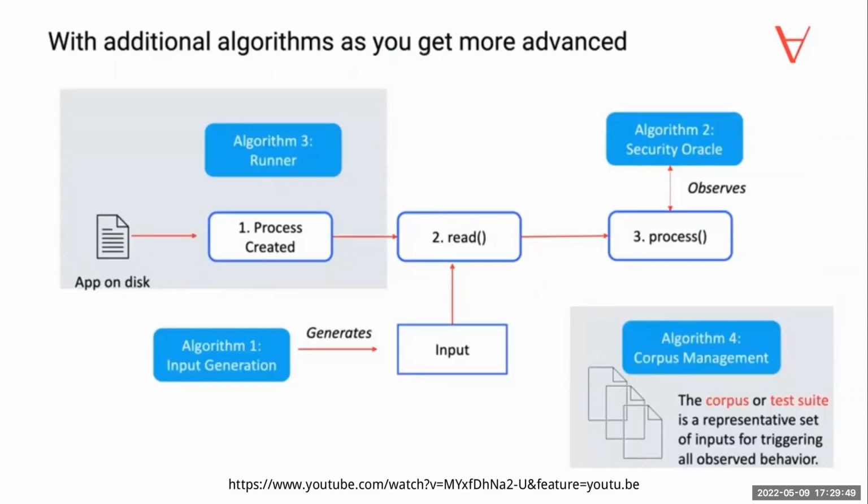But there are other algorithms right now that can be designed for those fuzzing tools to make fuzzing much faster. For example, create a process. Sounds very simple, you just create a process. But that process creation in reality could be very slow. Creating a new process on Linux is quite slow, right?